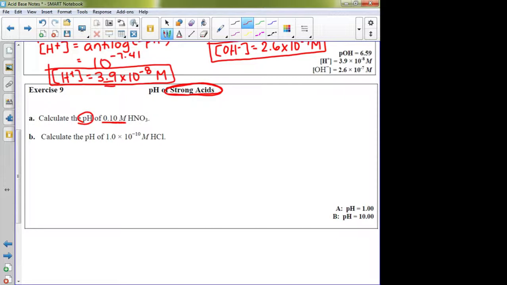What do I know about HNO3? It's a strong acid, right? So I know that this is going to completely dissociate into H+ plus NO3-, right? Are you with me? Since it completely dissociates, what's my concentration of my H+ going to be?